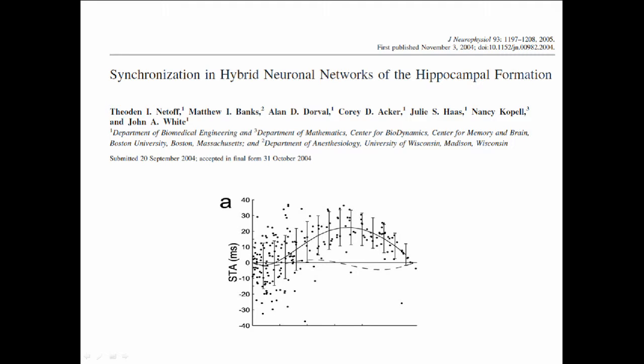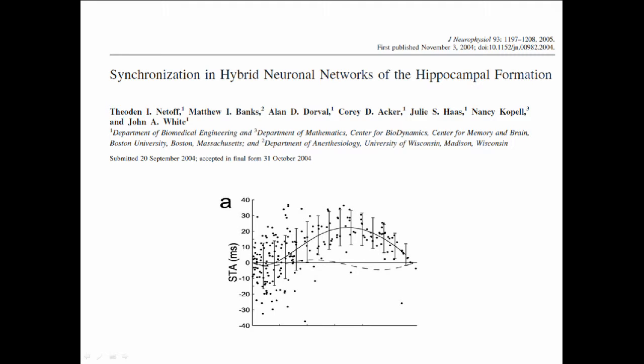I fit a very simple function that started off with a constant, and then the amplitude of the noise as a function of the square root of the time prior to the stimulus. And this did a reasonable job of fitting the variance, as you can see here.